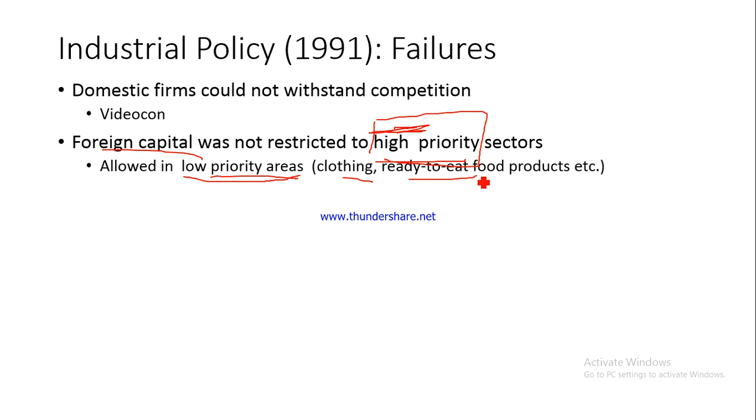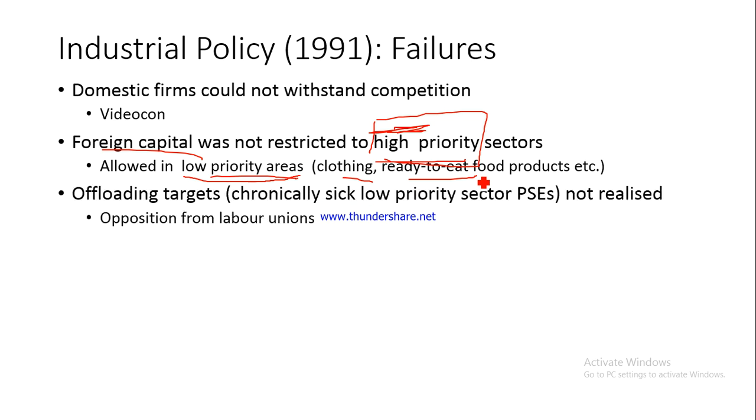We had also Coca-Cola re-entering India after quite a time period. So they were also able to come and invest here in India, and they were not part of the priority sector. So that was the problem. This provision was meant only for high priority sectors, but it was misused by low priority areas also, and we did receive investments in low priority areas from foreign entities.